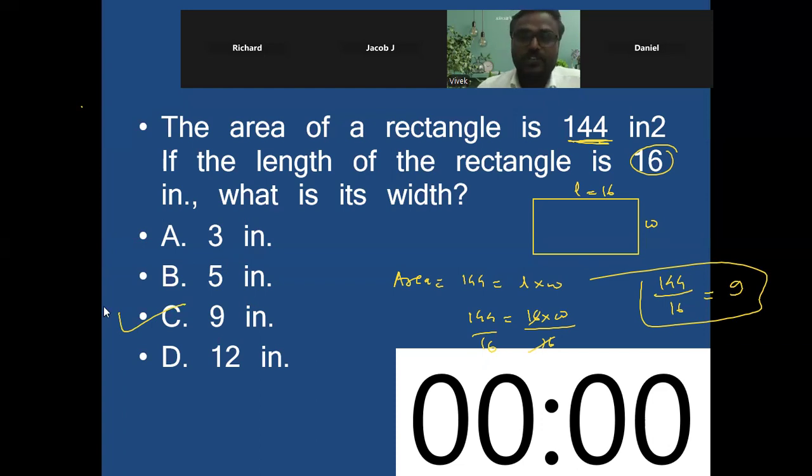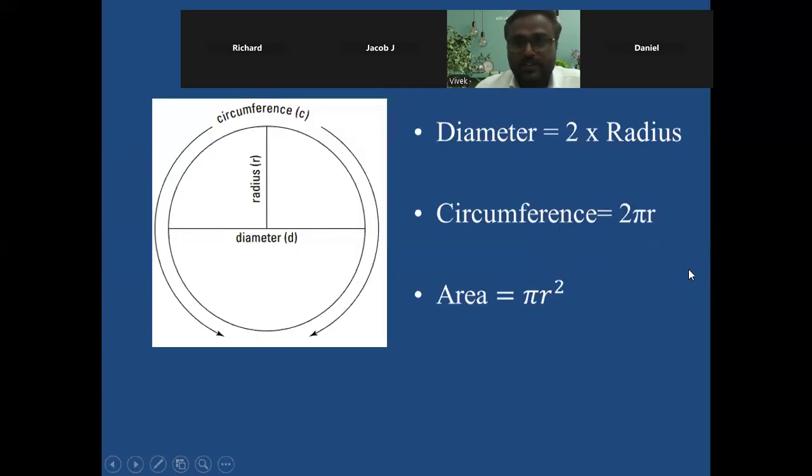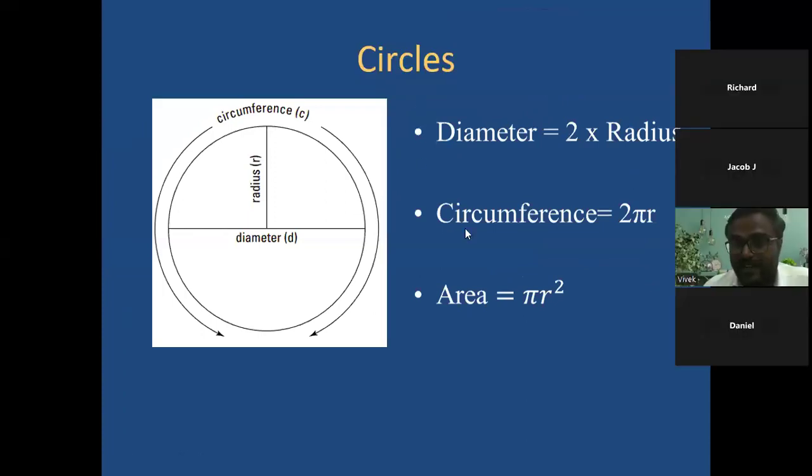Easy peasy, lemon squeezy. Let's move on to the next question, guys. Now, it's not a question basically. We will be studying about circle. So all of you know about circle. Now, we were calling it perimeter, the outer border.